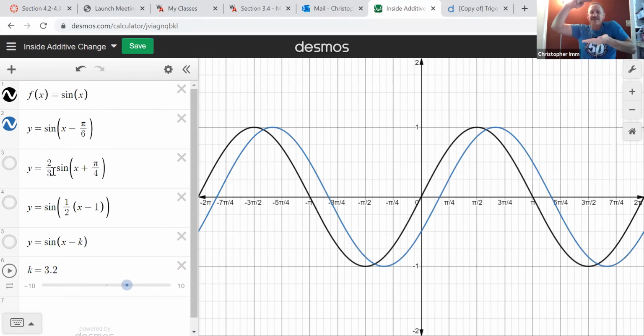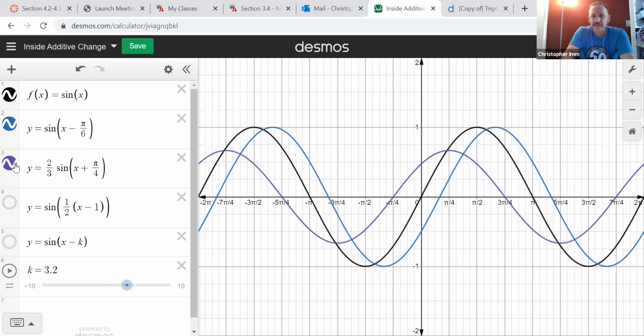So this amplitude must have smashed down a little bit. So the x plus pi over 4 moves it to the left. Very good, as Caleb was saying. And the 2/3 that's been put on there is actually going to shrink the amplitude a little bit. Okay, so you can see that that's actually been moved pi over 4 to the left, and the amplitude's been smashed down a little bit.